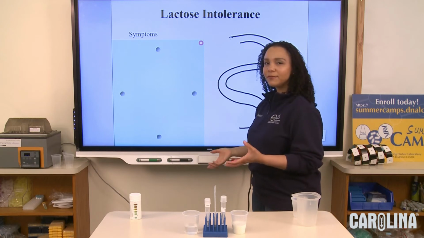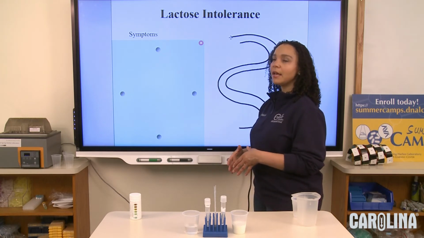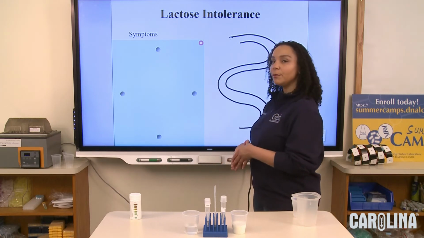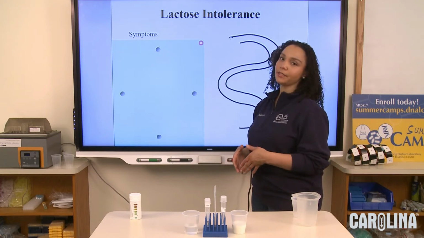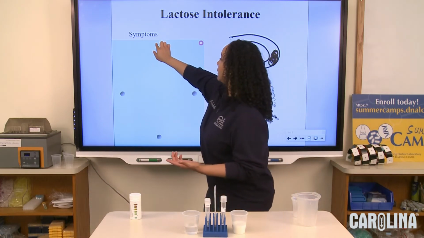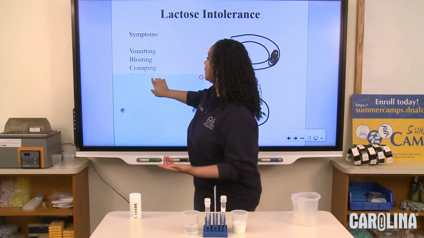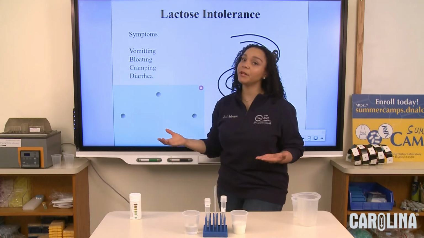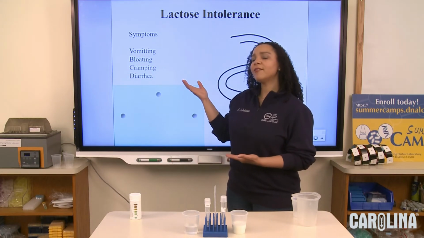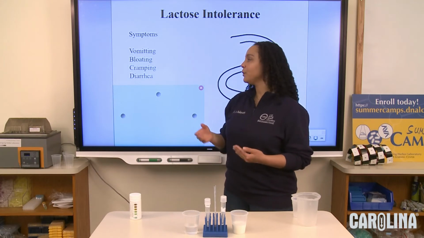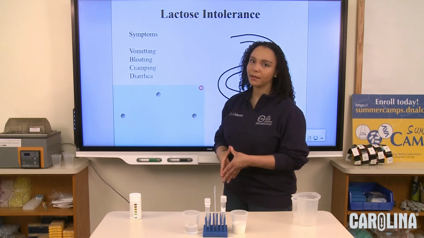So what types of symptoms do you think a person would have that is unable to break down the sugar and it accumulates in their stomach? Do these symptoms sound familiar or seem like they make sense? You can have vomiting, you can have diarrhea, you can have bloating or cramping.